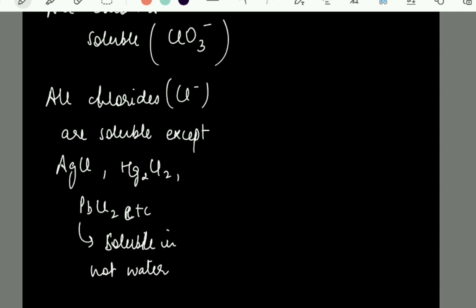Do remember one thing, solubility can vary. It depends upon the temperature. I have written it in the definition. So if it depends upon the temperature, that means at a particular temperature the solubility can be low. At the same time, if we increase the temperature, solubility can be higher also. Now it depends upon the salt category, what kind of salts we are talking about in the question.